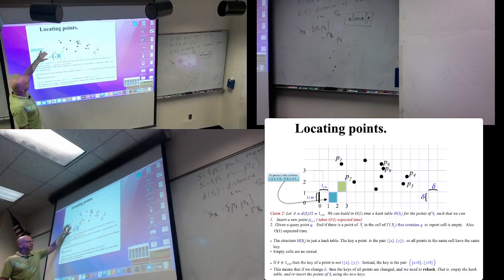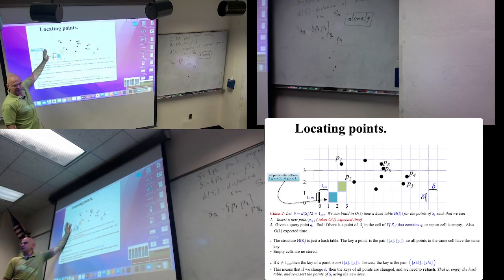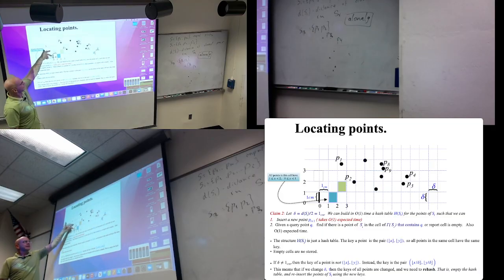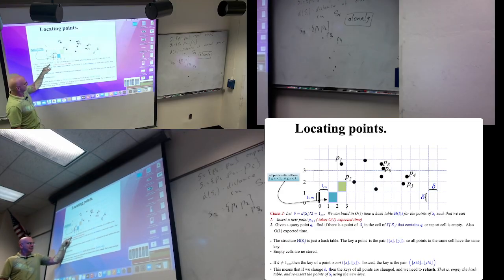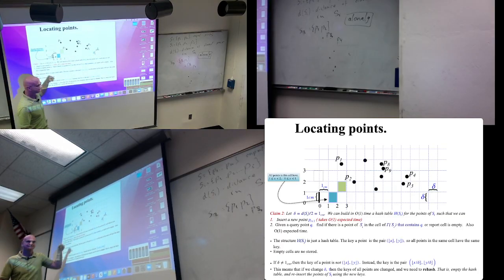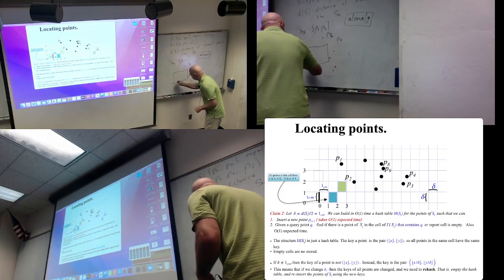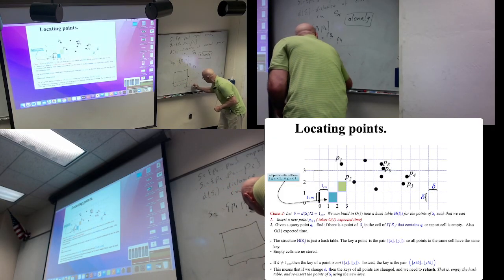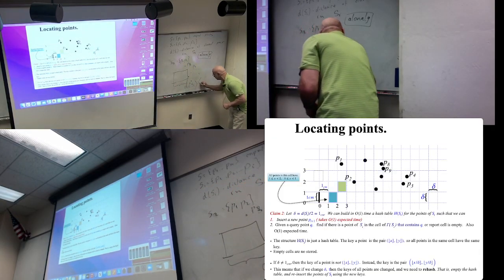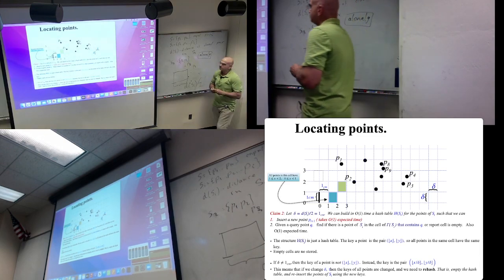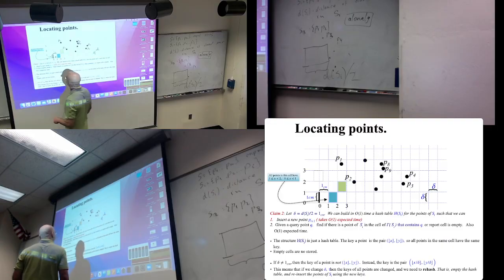We created a grid, and the grid has infinitely many cells, but we don't let it disturb us. The size of every cell of the grid would be d of S_i over 2, horizontally and vertically.